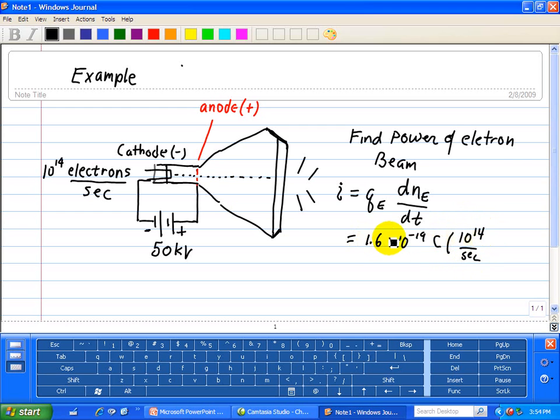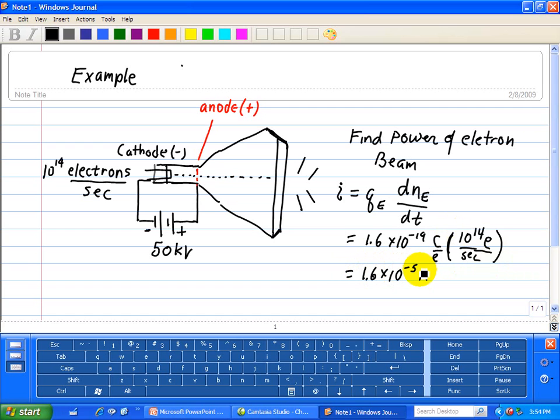So this is 1.6 times 10 to the minus 19th coulombs per electron, and 10 to the 14th electrons per second, that's our n_e. Here's our derivative for that expression. Evaluating this expression yields 1.6 times 10 to the minus 5th amps.